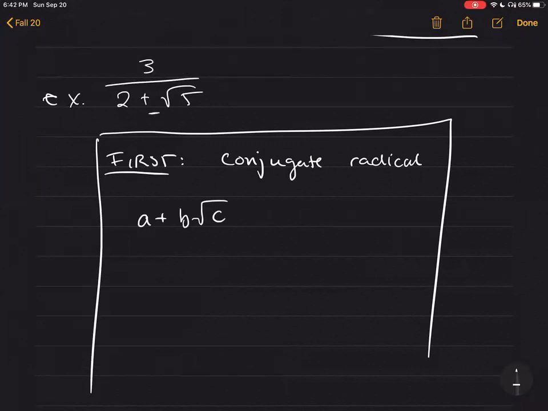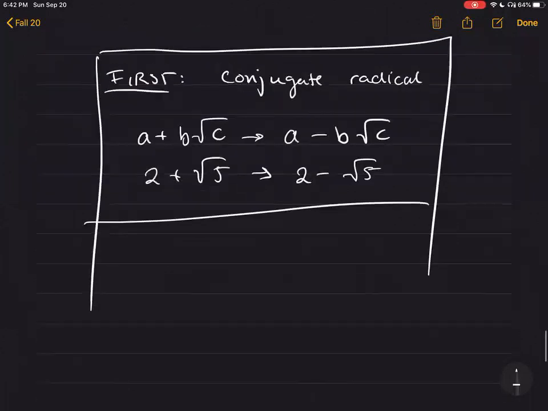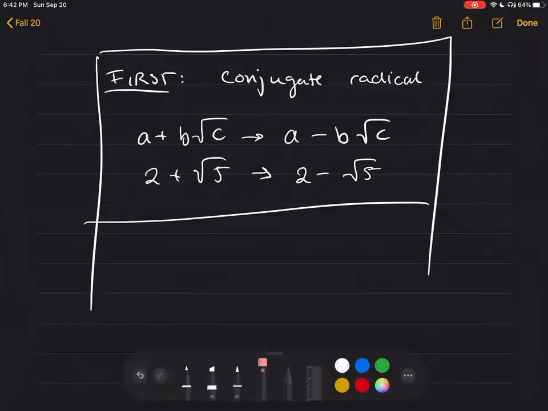The conjugate radical is a minus b square root of c. So in this case, if we have 2 plus square root of 5, this becomes 2 minus square root of 5.